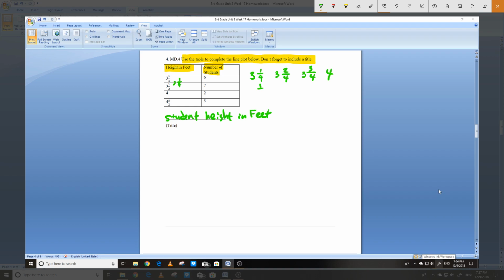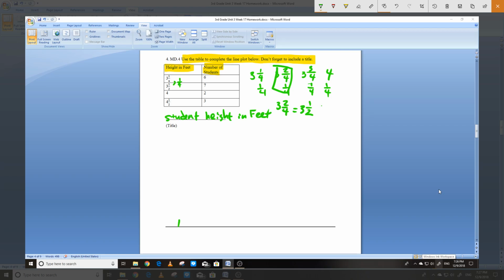That's increasing by 1/4 every time. If you add 1/4 every time, you go from 3 to 4, right? Because 4 of these make one whole. So you have to understand that right off the bat, this 3 and 2/4 is the same as 3 and 1/2.